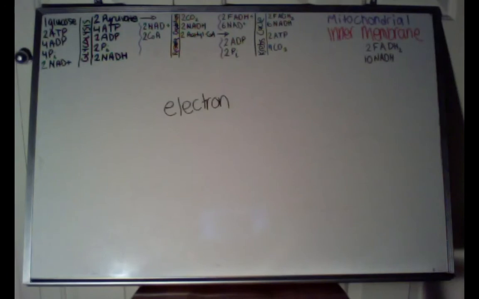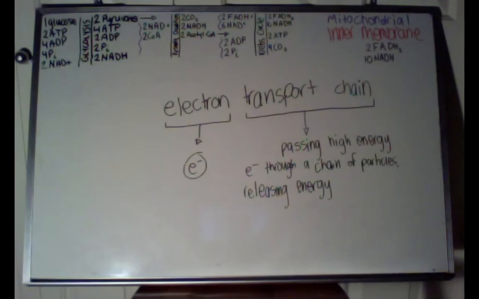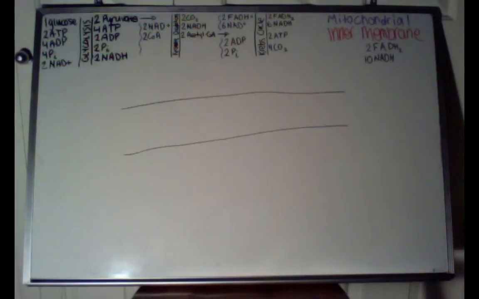But let's get on. We have something known as the electron transport chain, which is our final step within cellular respiration. So electrons, of course, are a fundamental particle of the atom. And our transport chain involves passing these electrons through a chain of particles and proteins which release the energy of these high energy electrons.